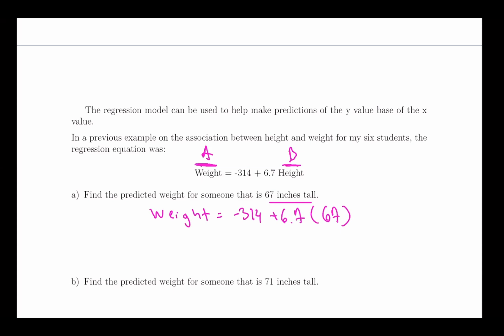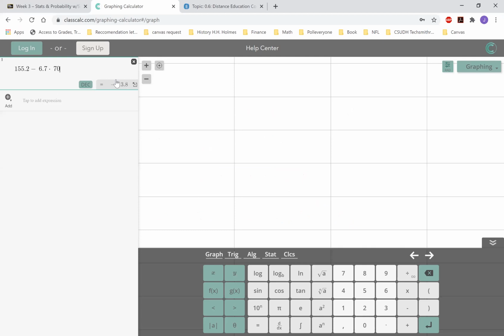So let me go over to class calc, and we're going to do this. In class calc, we say negative 314 plus 6.7 multiplied by 67. All right, so we got that value.